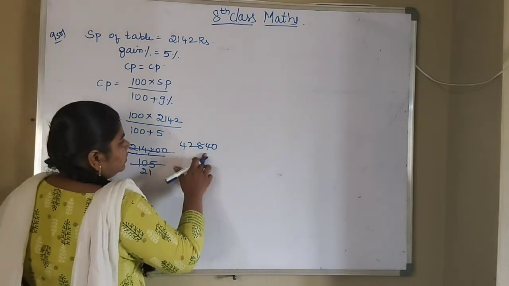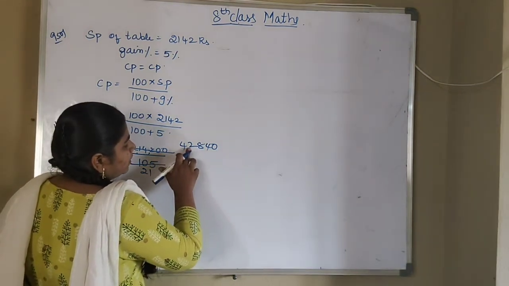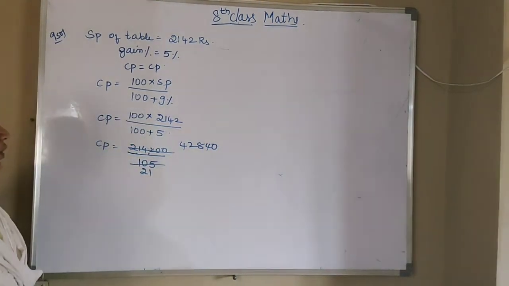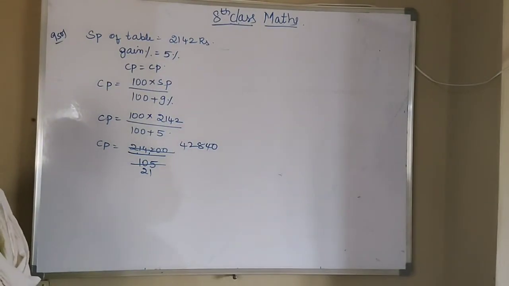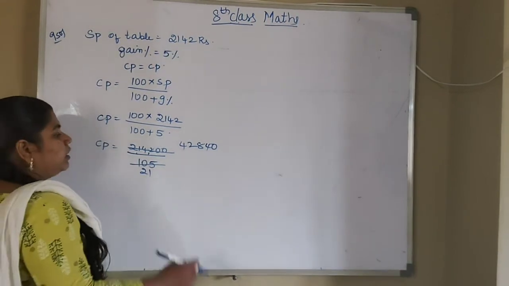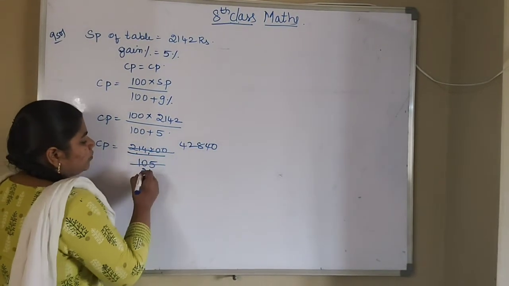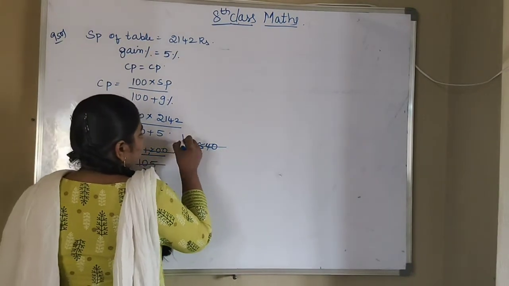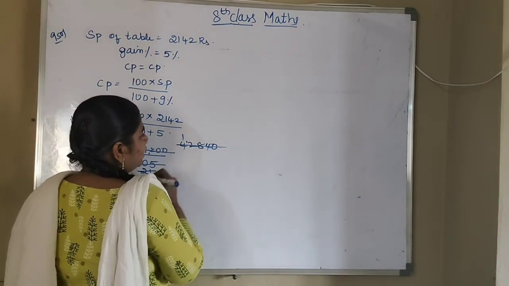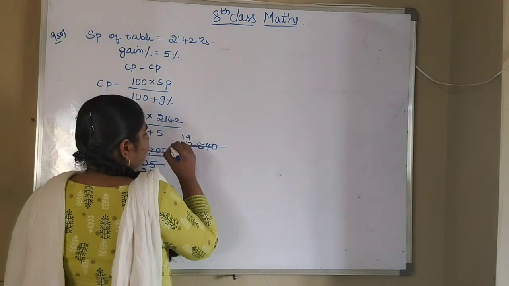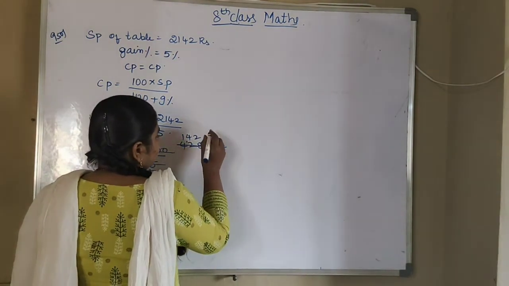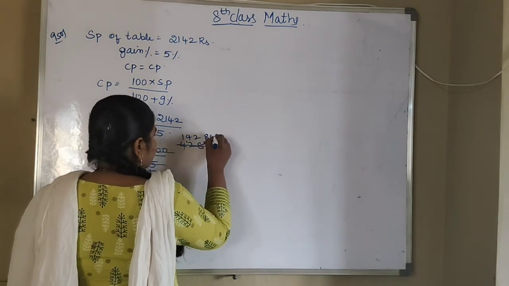So first you add this, 8 plus 2 is 10, 10 plus 4 is 14, 14 plus 4 is 18. It will not go in, 18 will go in 3 table, 3 5s are 15, 3 6s are 18. So we can cancel in 3 table now. 3 7s are 21, 3 1s are 3, 1 will be remaining, 3 4s are 12, 3 2s are 6, 3 8s are 24, 3 zeros are 0.